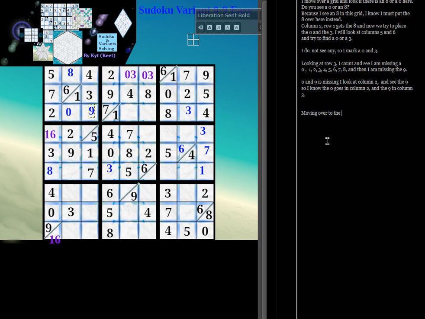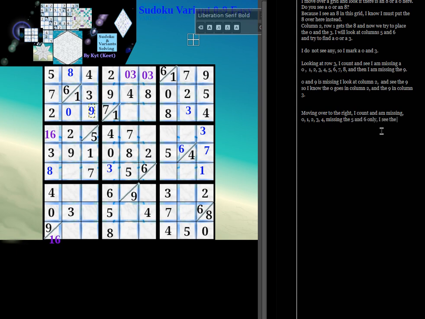Moving over to the right, I count and am missing 0, 1, 2, 3, 4, missing the 5 and 6 only.